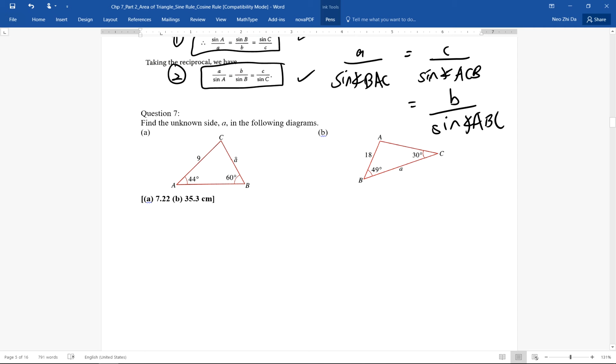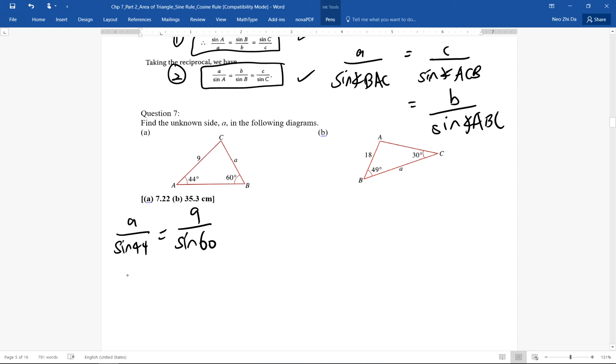Now today we want to find length A, right? And so A corresponds to this angle 44. We're given 9 corresponds to this sine 60. Since we are finding length today, it's going to be A over sine 44, and the ratio will be equal to 9 over sine 60.